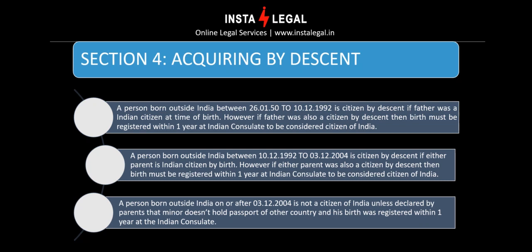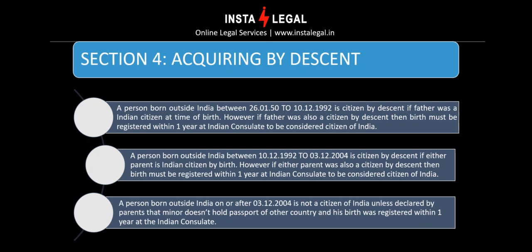Then there is the category of those born outside India between 10th December 1992 and 3rd December 2004. Such people shall get Indian citizenship by descent if either of their parents was an Indian citizen at the time of their birth. However, if either parent was also a citizen by descent, then the birth of such people must be registered within 1 year at an Indian consulate.